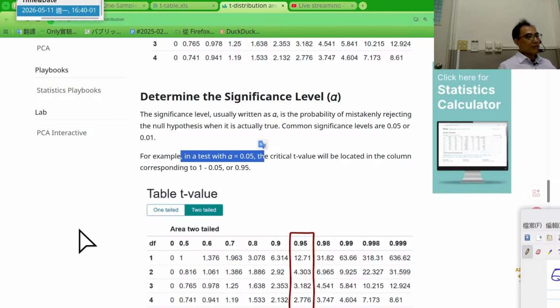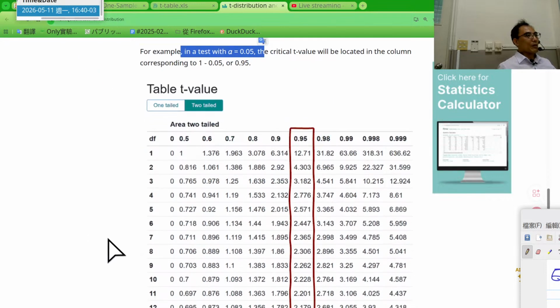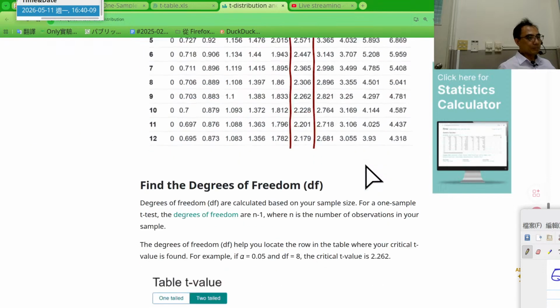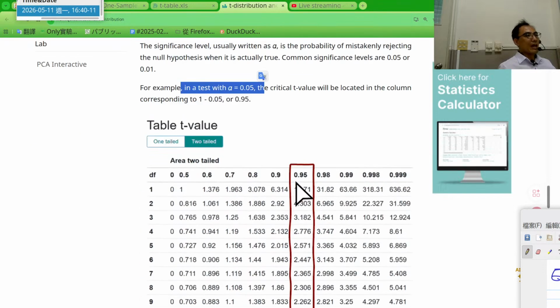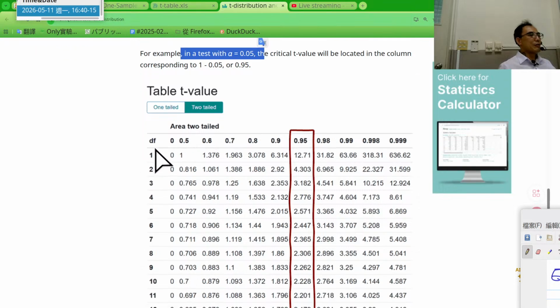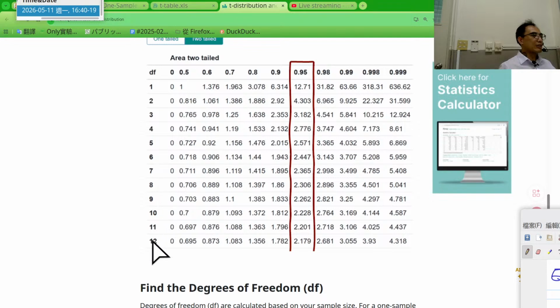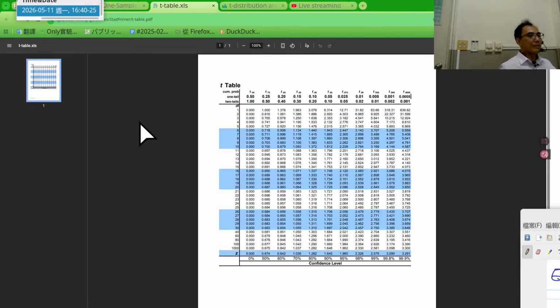And here, area of two-tailed, it means here. And the degree of freedom, DF means degree of freedom, from 1, 2, 3, 4, 5 until 12.